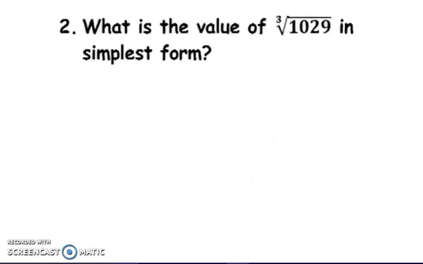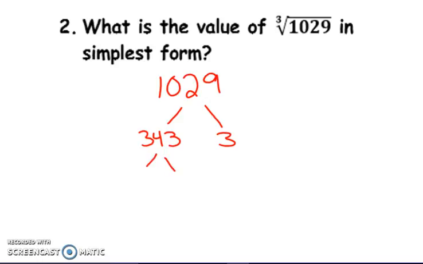Now, if we look at number 2, we want the value of the cube root of 1029 in simplest form. Well, if I start with my number 1029, I'm going to break this into 343 times 3. 343 I'm going to break down into 49 and 7. And I know 49 can break down into 7 and 7.